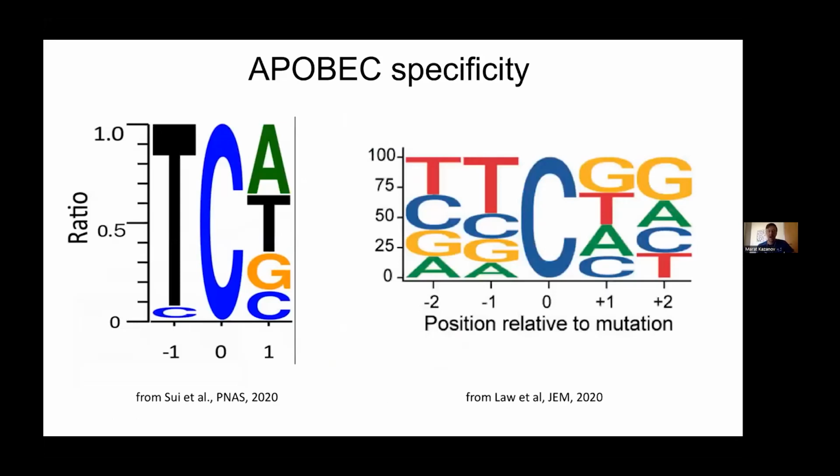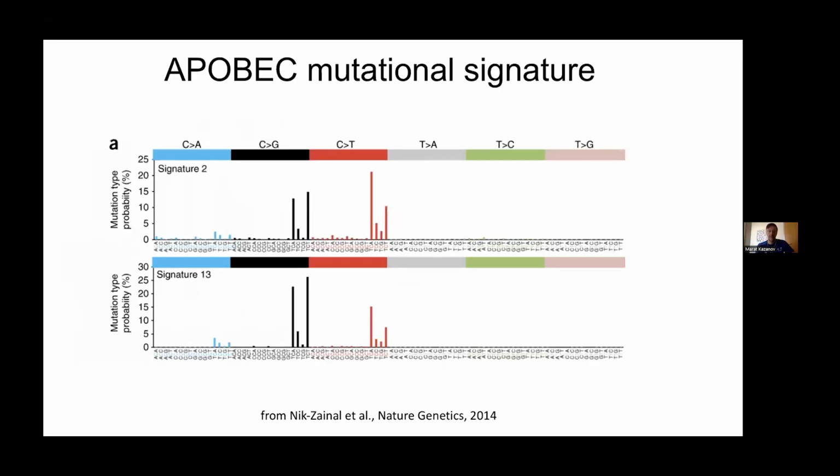So Apobec mutates cytosine into thymine or guanine, and its specificity is shown on this sequence logo. Upstream of cytosines, usually we can find thymine, and the downstream position from the cytosine is usually adenine or thymine. Here you can see the so-called Apobec mutational signatures.